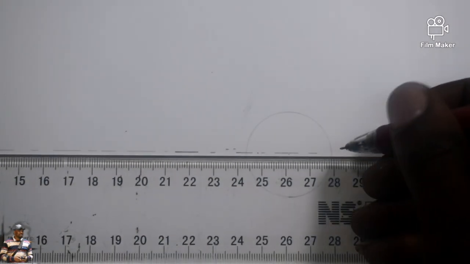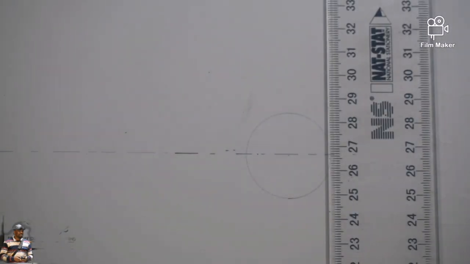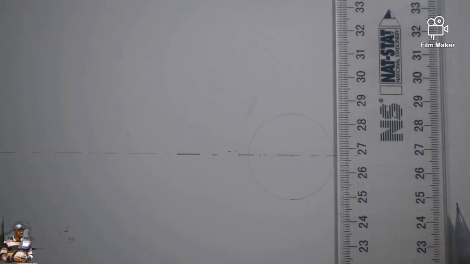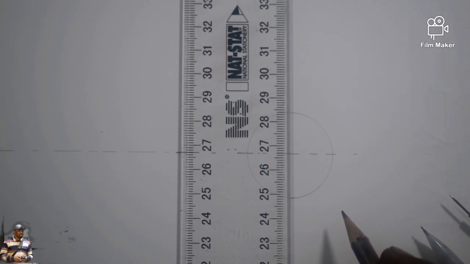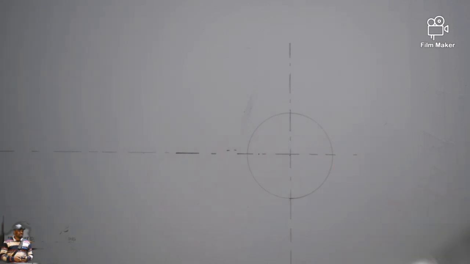Right after I've drawn the circle, let me extend this one just a little bit. Where is the sharpener? Right, where I was placing my drawing compass, I can draw a vertical center line.